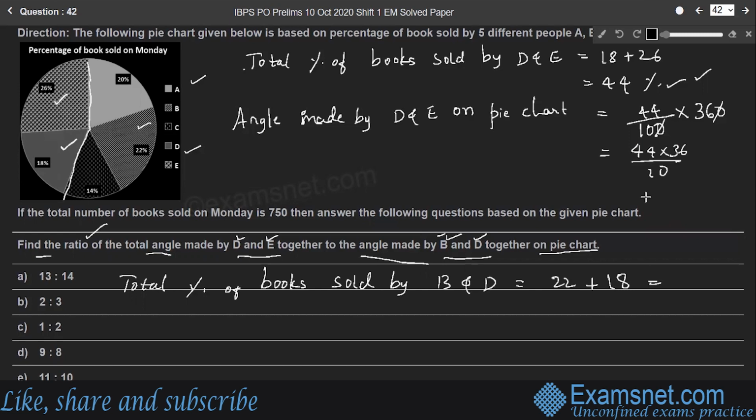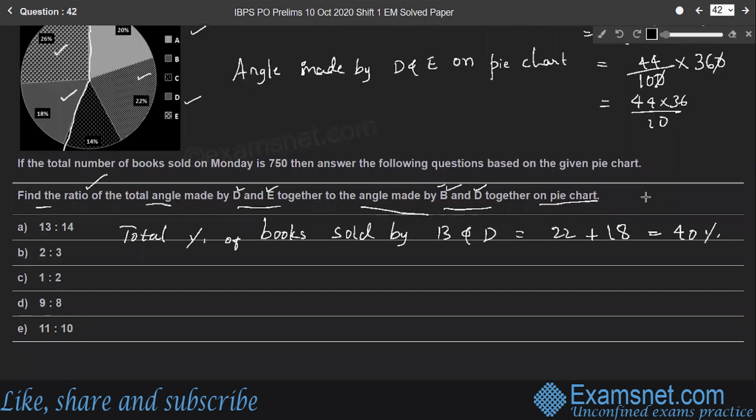Therefore, together they sold 40% of books, right? Therefore, the angle made by B and D is equal to, out of 100, 40 books were sold by B and D.